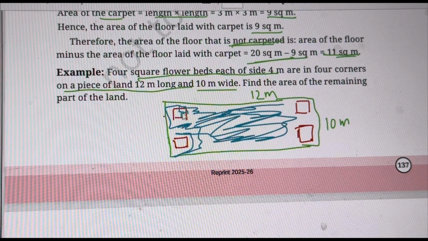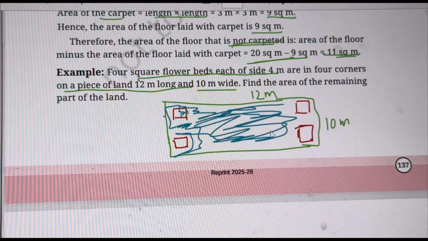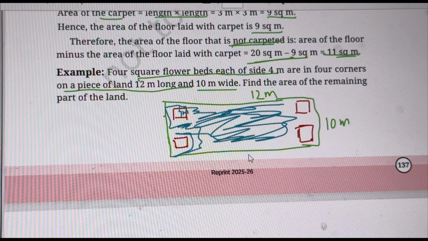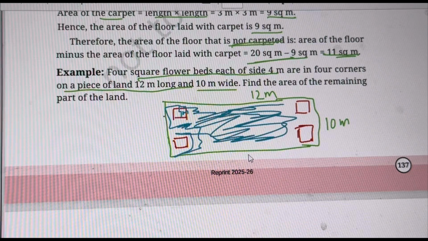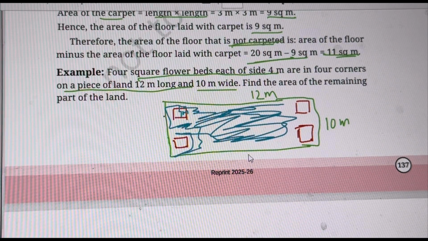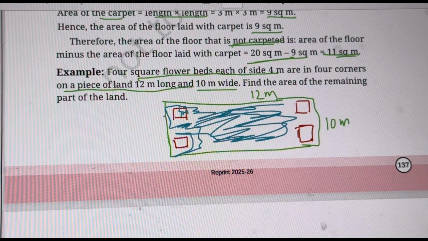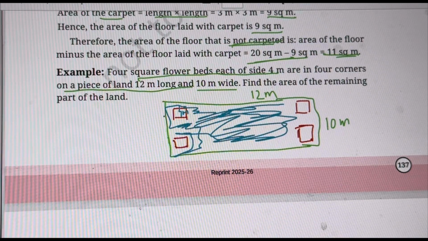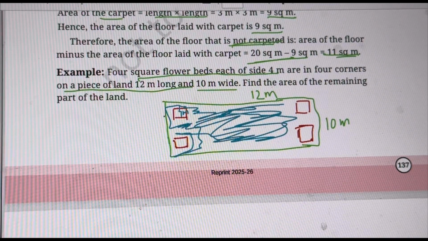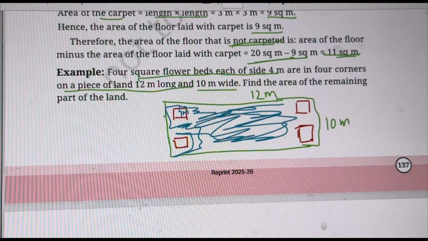Once we find that of 1, we will multiply it by 4 to get the area of 4 square flower beds. Then only we can subtract. So it is quite similar to the previous one, but instead of 1 carpet, here there are 4 flower beds. So let us see the solution.